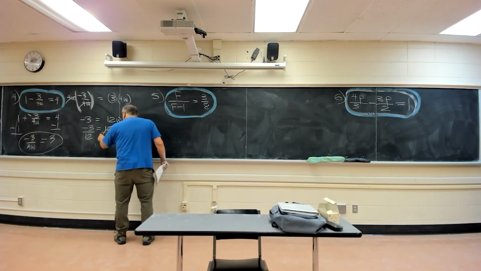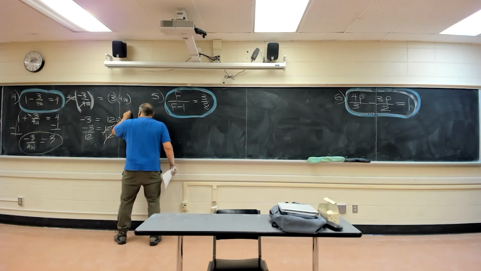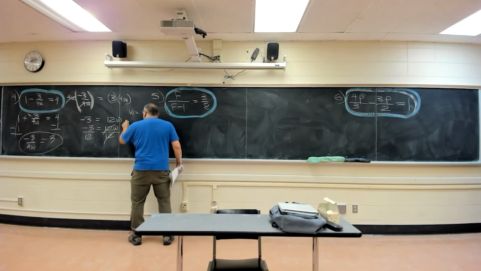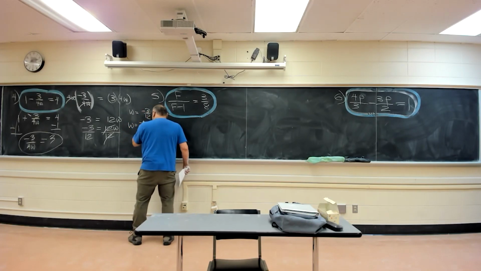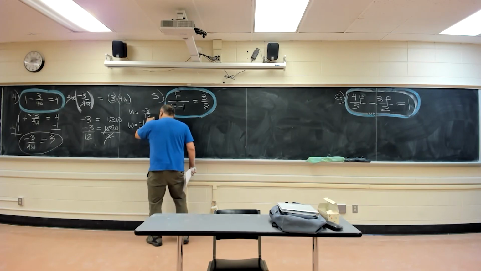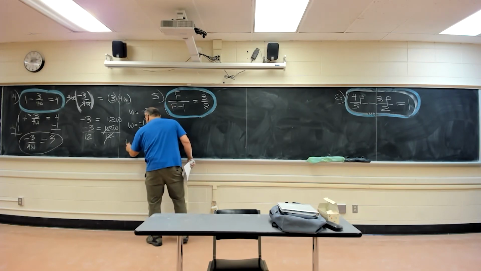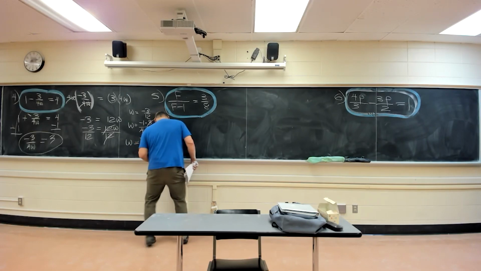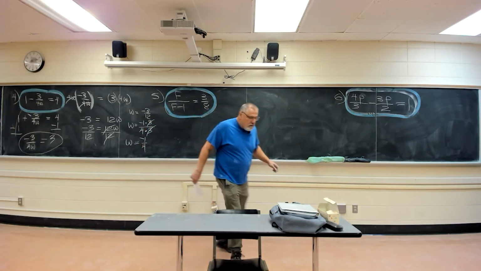divide by 12 on each side. W equals negative 3 over 12. We know where this is going. Negative 1 times 3 and 4 times 3. Right. And there it is.